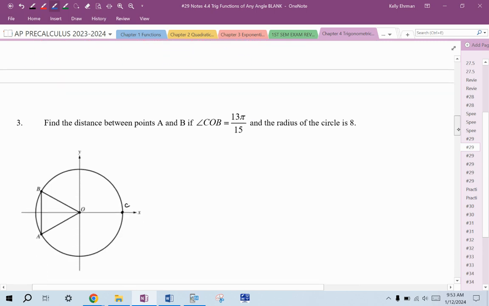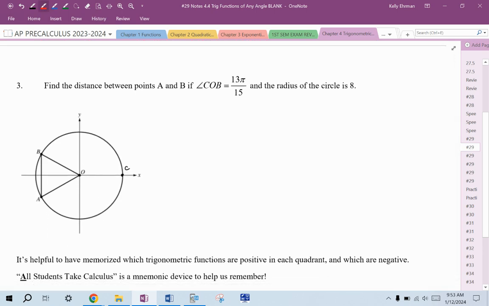All right, on to the next problem. This is also styled after something I found in AP Classroom. We have practice on each of these problems in our homework tonight. Find the distance between points A and B. So find this vertical distance. If angle COB is 13 pi over 15, so that's our theta, and the radius of the circle is 8.